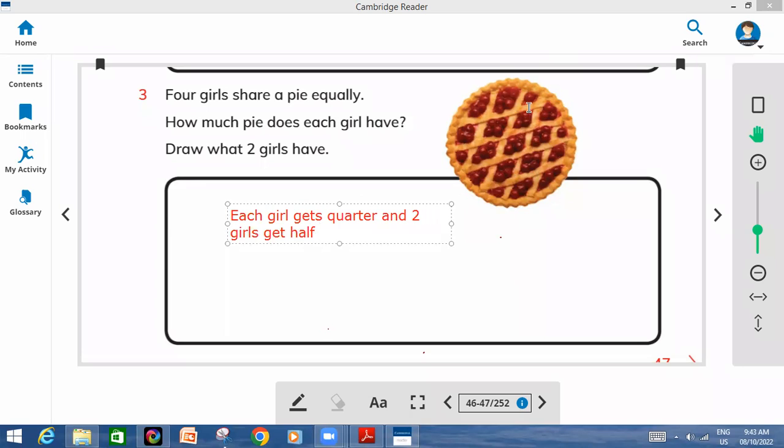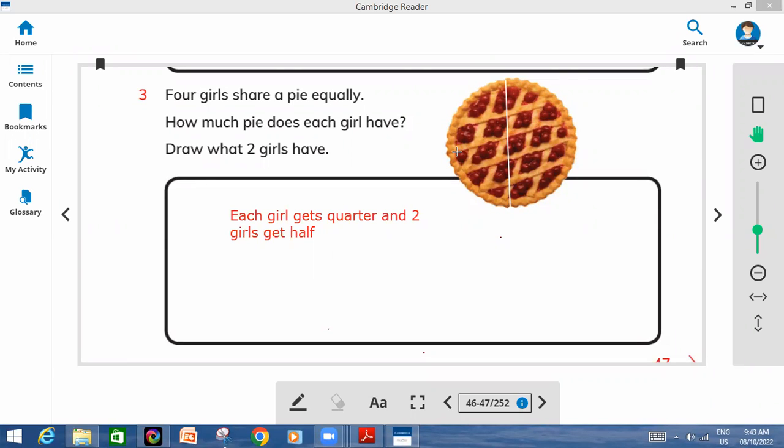Okay, so half of a semicircle. I told you how to divide like this. We are going to cut it in half, and 2 girls are going to eat half and 2 girls are going to eat the other half.